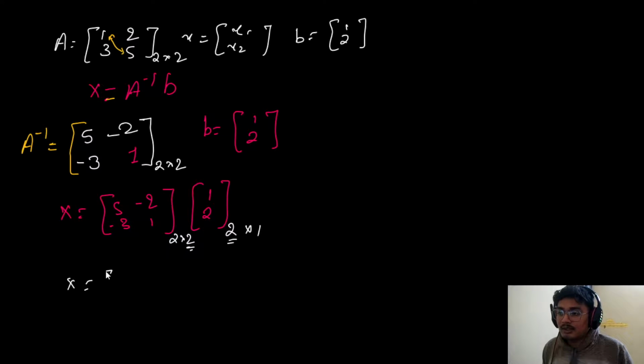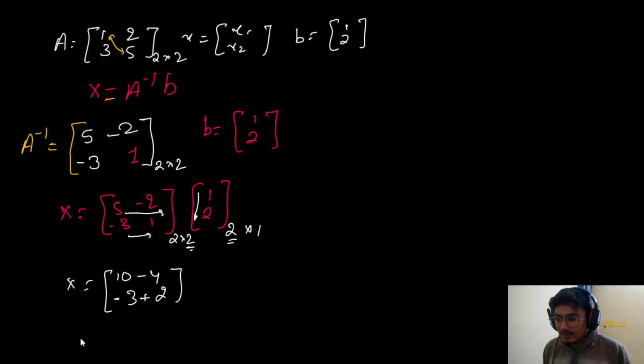For the first row we get 10 minus 4, and for the second row minus 3 plus 2.